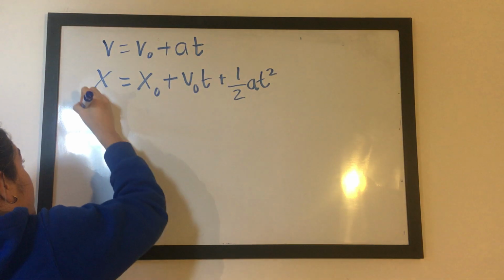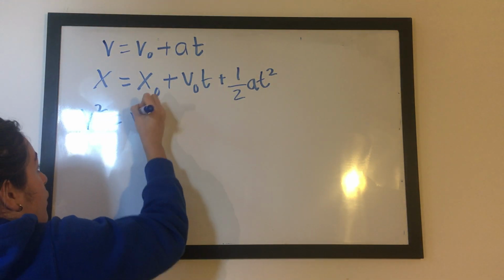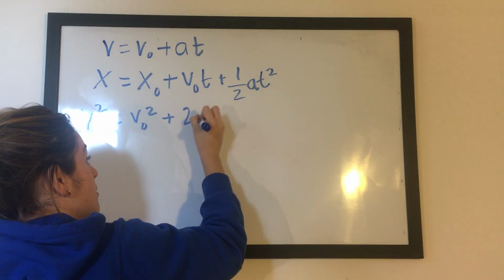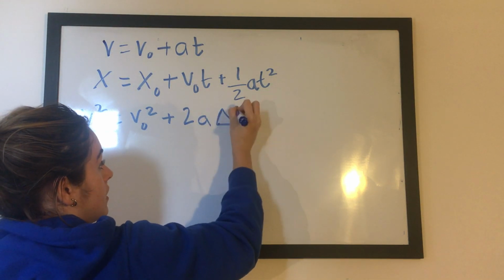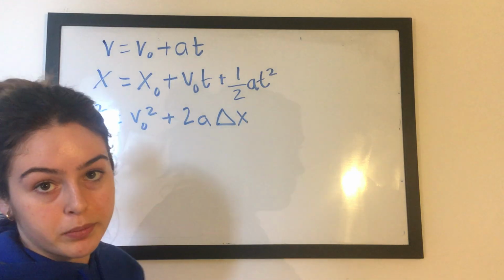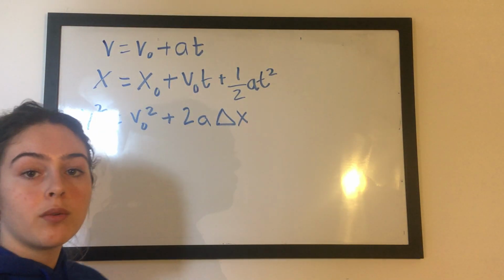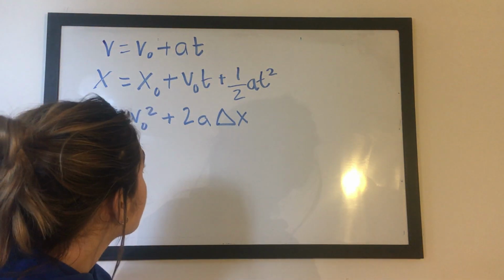And then we've got velocity squared is equal to velocity initial squared plus 2 times acceleration times change in x, which is just the displacement, or also known as position final minus position initial.